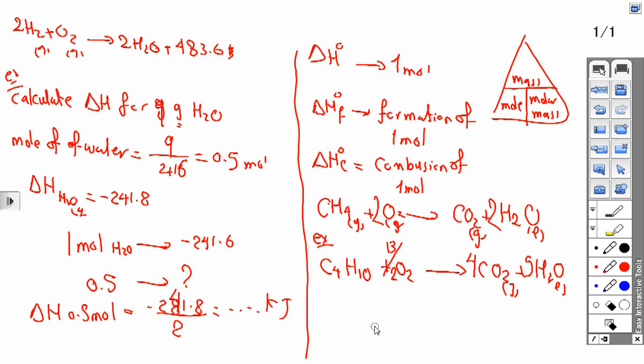This is to balance the equation, because maybe the question is to calculate the enthalpy change of the combustion of methane to form carbon dioxide and water vapor. The enthalpy of CO2 and water vapor and CH4 is given.